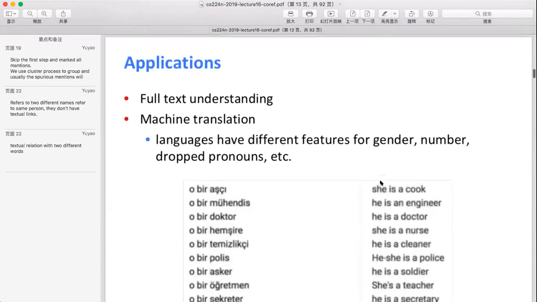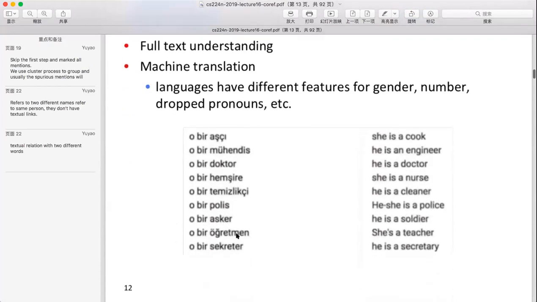But for some other languages, like Spanish, some languages don't have a very clear line of gender or number. So when we do translation of a similar sentence, sometimes it puts she, sometimes he. It's not that correct.